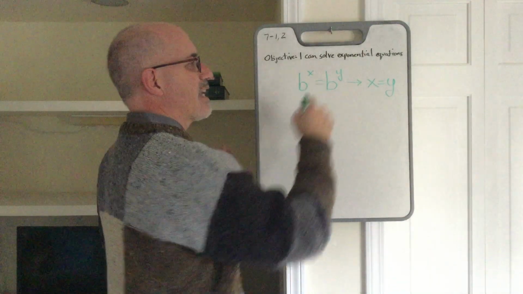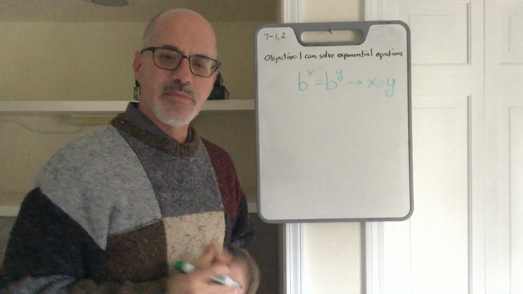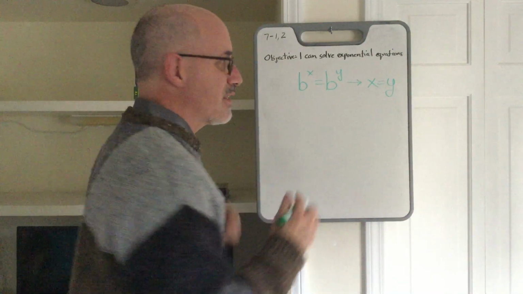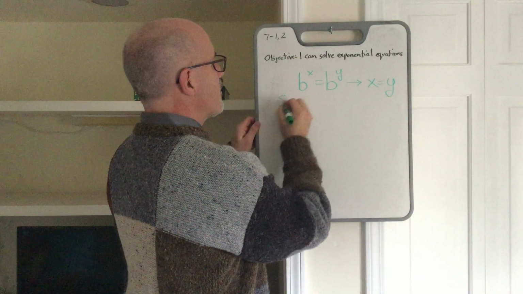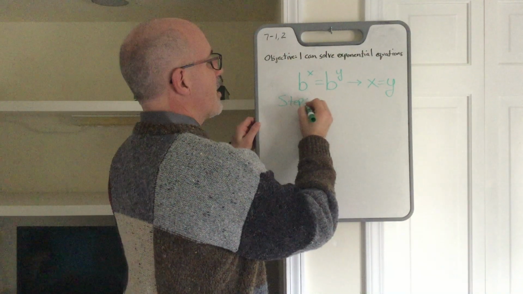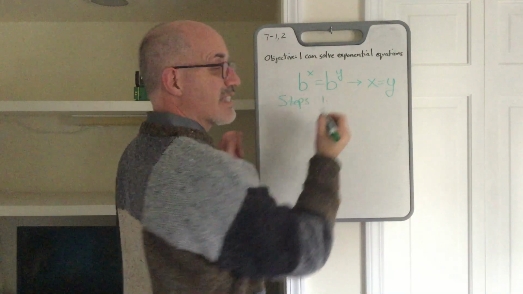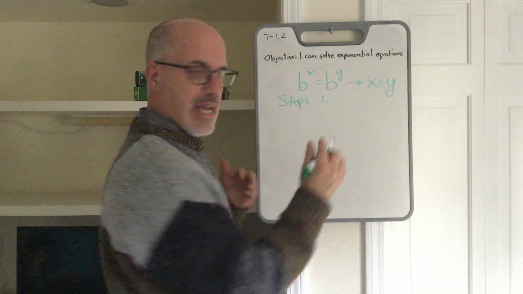If you have the same base, the exponents are equal. So the steps to doing these problems are, number one, you get the same base on both sides.